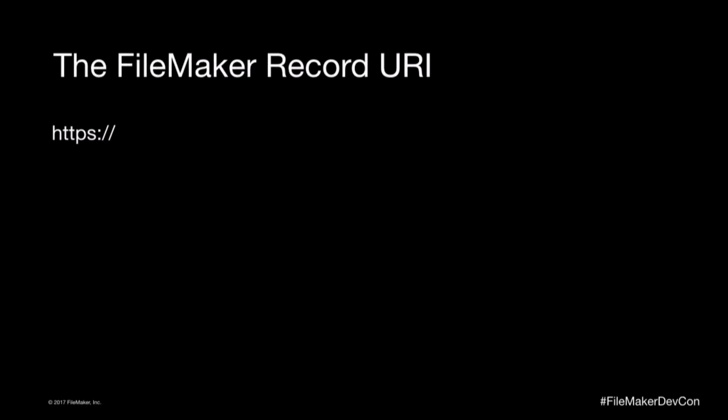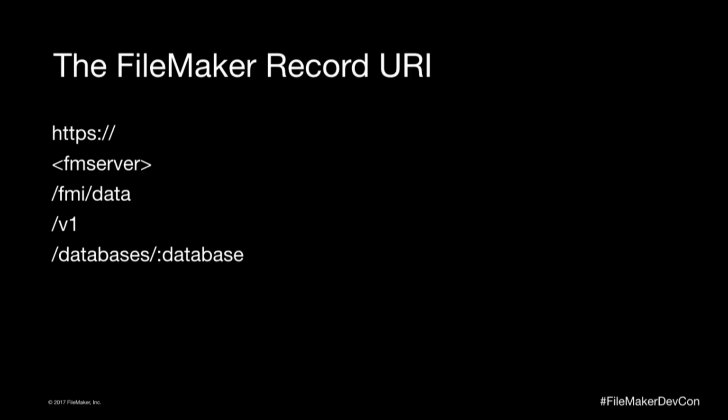So I'm going to just zip through the URI. Always use secure. FileMaker doesn't let you do it any other way. If you try to do HTTP, it won't get to the server. Then you put in your FileMaker server name or IP address, the actual fully qualified domain name, so that you're actually using your certificate. FMI/data is the path to the data API. v1 is the implementation.